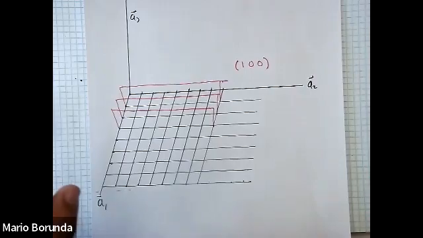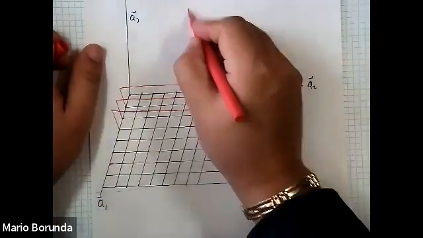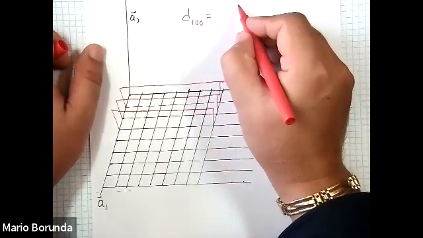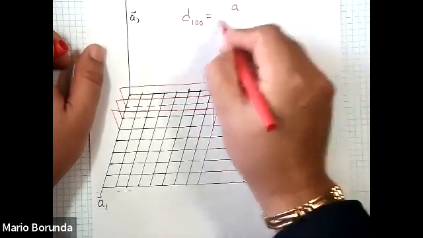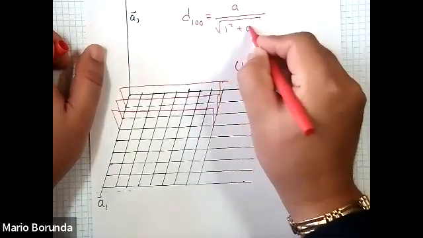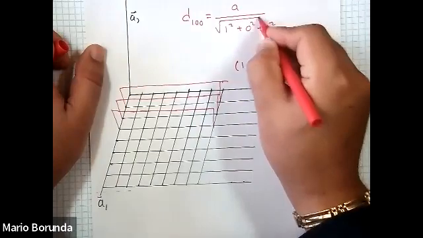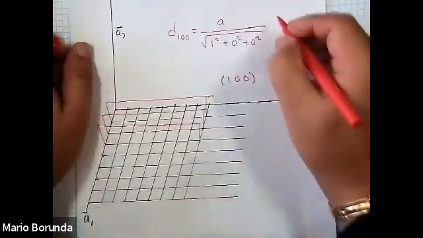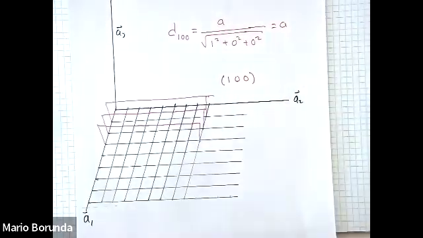So in this case, the formula for the distance of 1, 0, 0 is going to be a divided by the square root of 1 squared plus 0 squared plus 0 squared. So what's that distance? a.